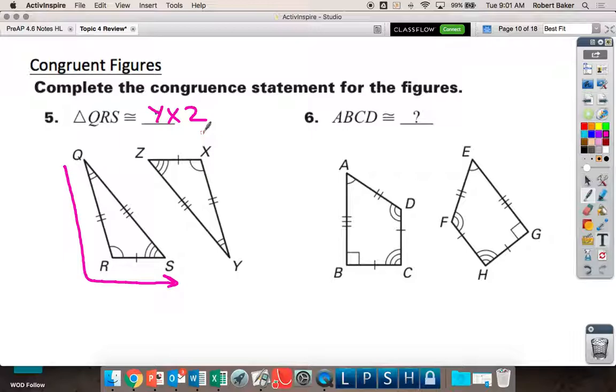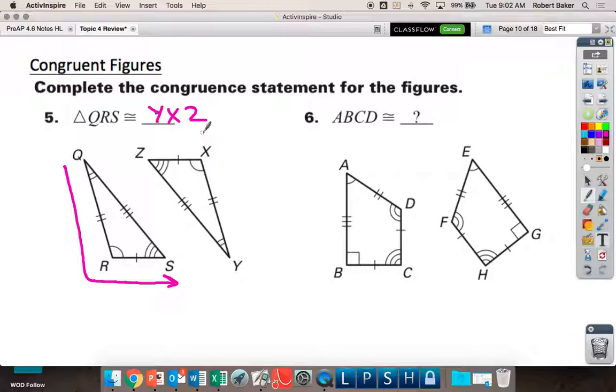I guarantee you, on the test, it'll have 2 answers that look correct, but 1 answer will be listed in the incorrect order. It might say QRS is congruent to ZXY. That's not right. Please be careful. Well, everybody misses that question. Number 7, A is not the answer.